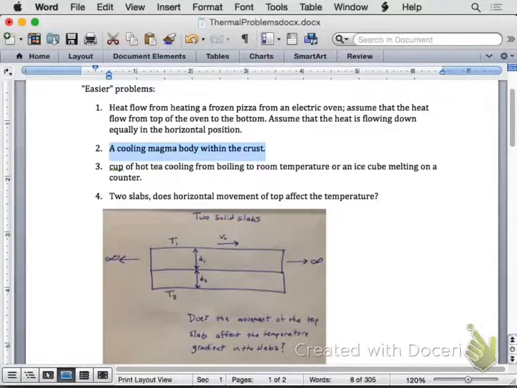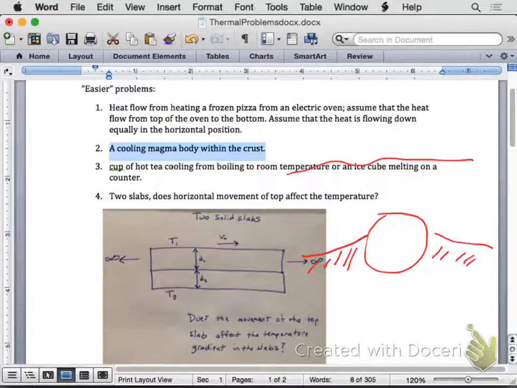is if you've got your magma body, you could be interested in the temperature both outside, so the bedrock around it, as well as what's going on with the temperature inside, and then how all of that is changing through time until it would eventually solidify and become the same temperature as the surrounding country rock.